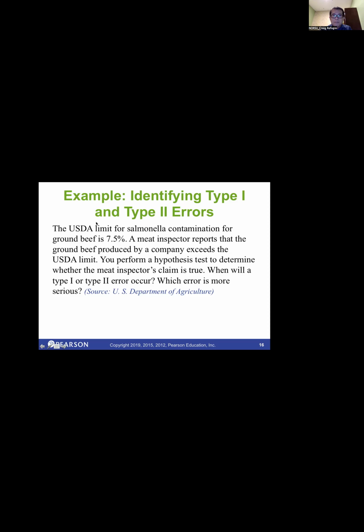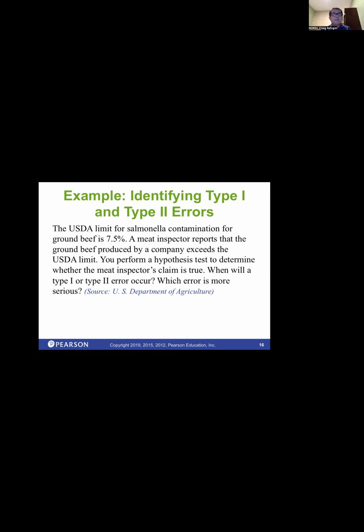Because of the word limit, the maximum is 7.5, and it can be lower than 7.5. So it should not exceed 7.5%, and it can go lower because of the term limit. It must not go beyond 7.5%.